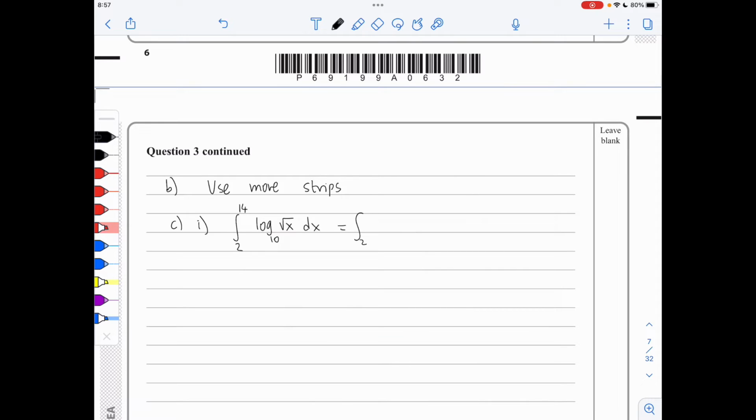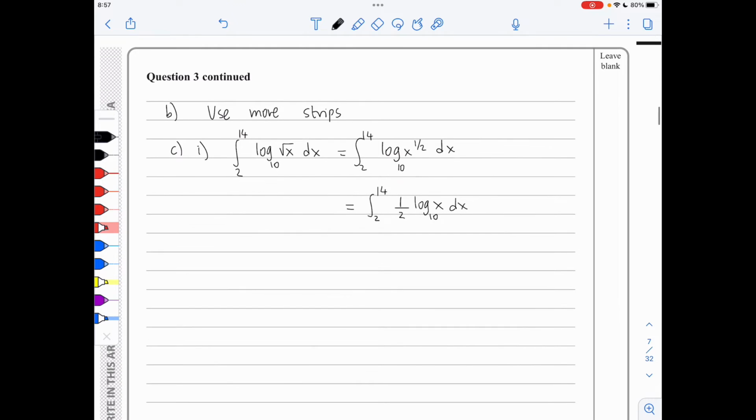This can be written as log of x to the half base 10. And I know that the half can come down. So from 2 to 14, a half log x base 10 dx.